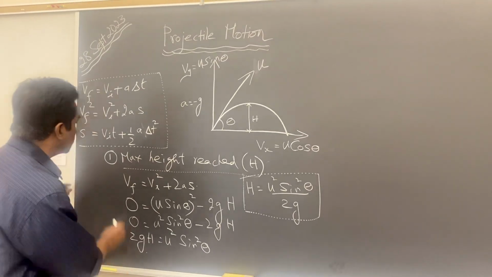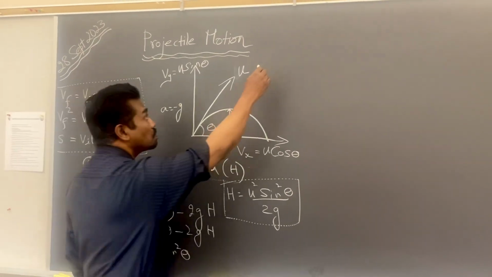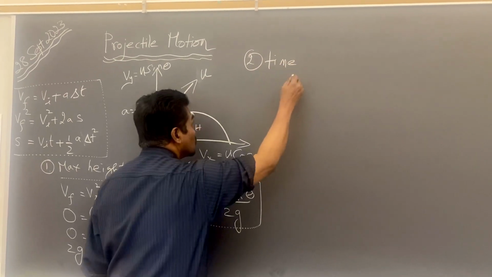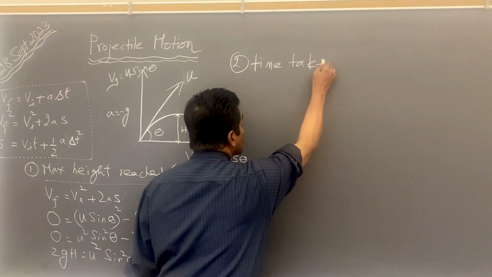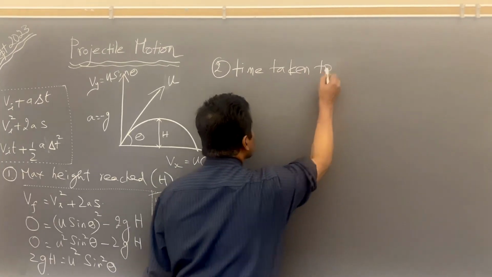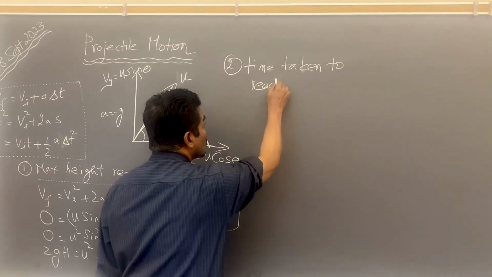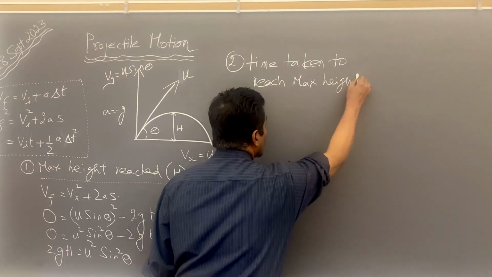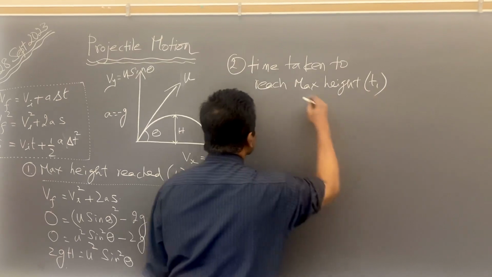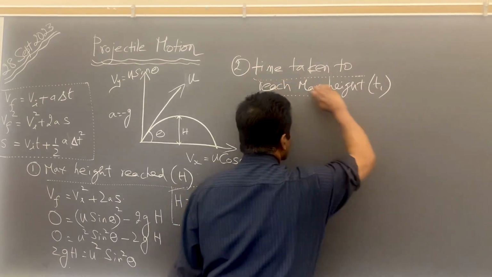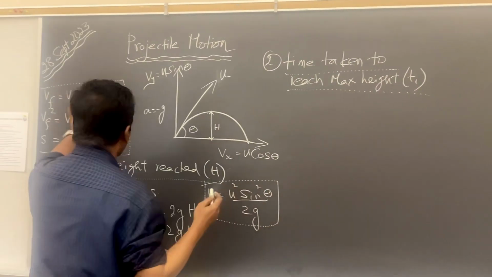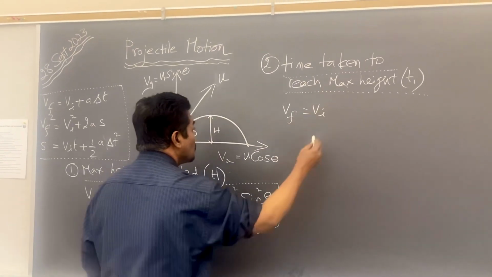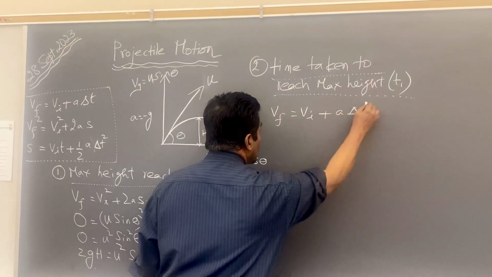The second one is the time taken to reach the maximum height. Let it be t1. For this we will use the formula Vf is equal to Vi plus a delta t.